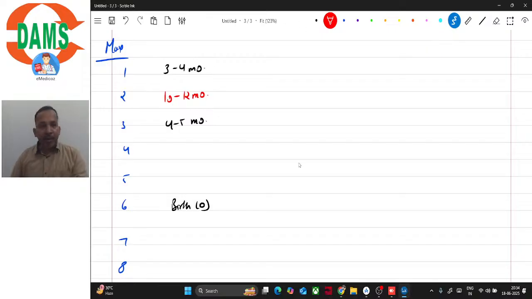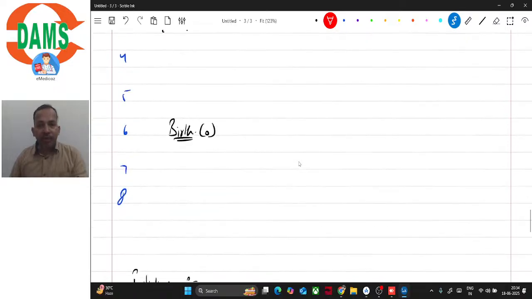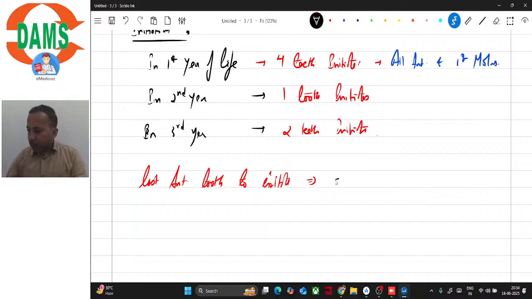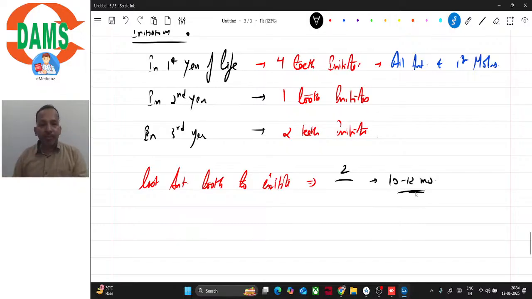Upper lateral is the last anterior tooth to initiate. So last anterior tooth to initiate is the upper lateral at 10 to 12 months. So this question may be asked, which is the last anterior tooth to initiate, right?